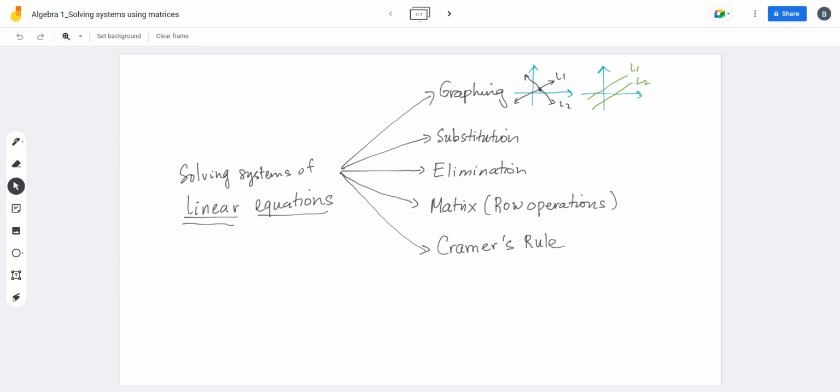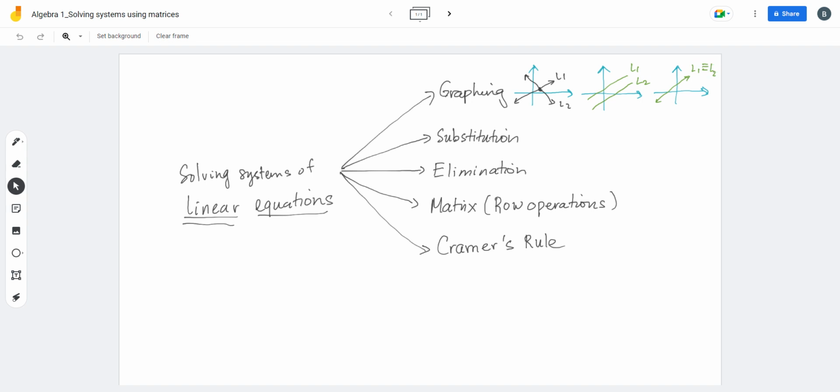The third scenario is that you have two lines, but these two lines are the same. So we would say that the system has infinitely many solutions.